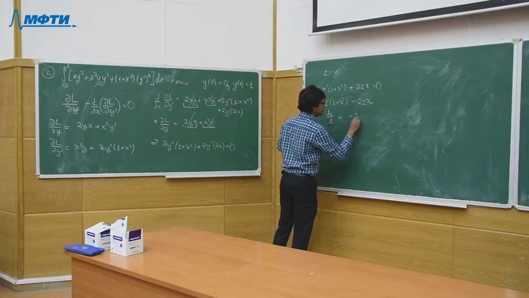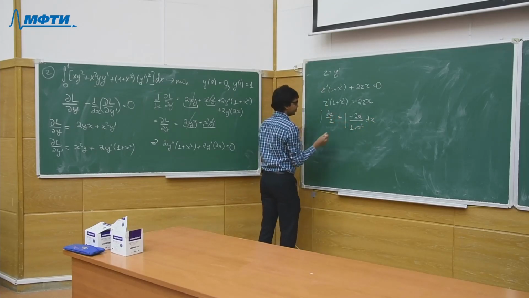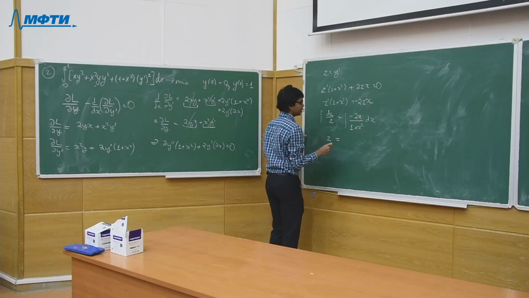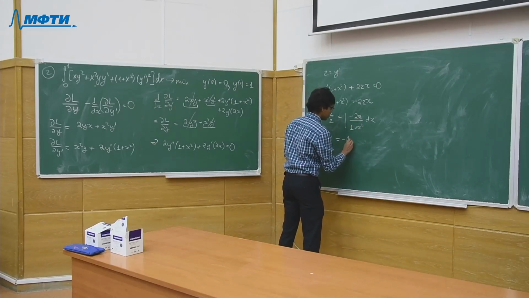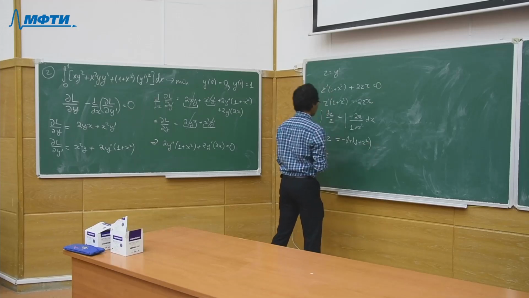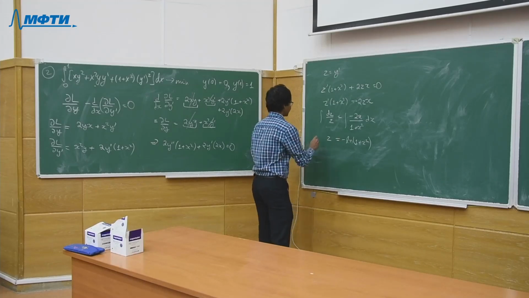Then integrate. ln z equals minus ln of 1 plus x squared plus c.